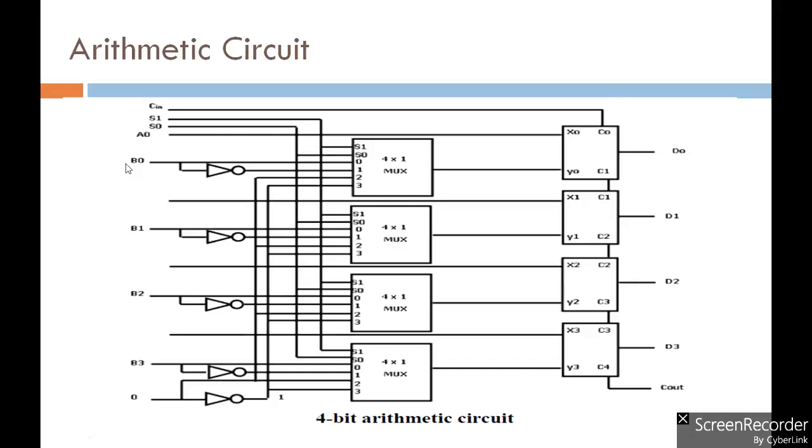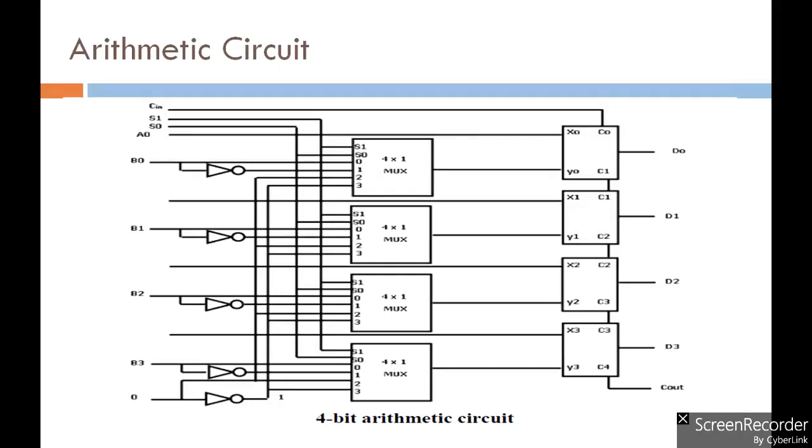So the first input, on the 0th line of each and every multiplexer, is the bits B0, B1, B2 and B3. That means all the 4 bits B0, B1, B2 and B3 are directly connected to the 0th input line of each and every multiplexer, right?